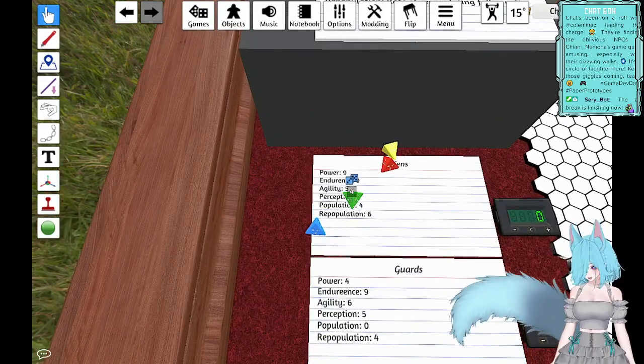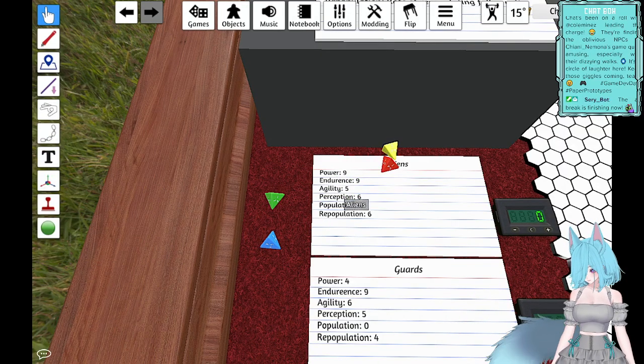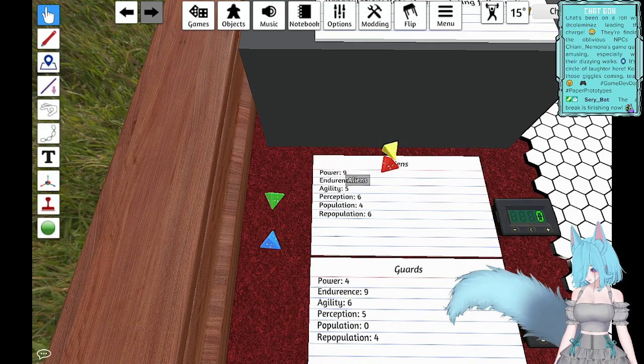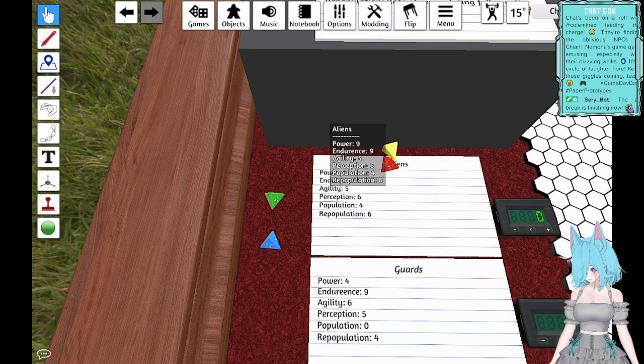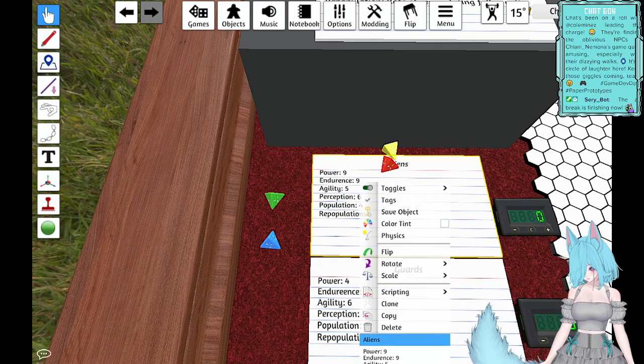So any bonus to endurance is big for them. Yellow, 4 agilities though. The aliens... Wow.